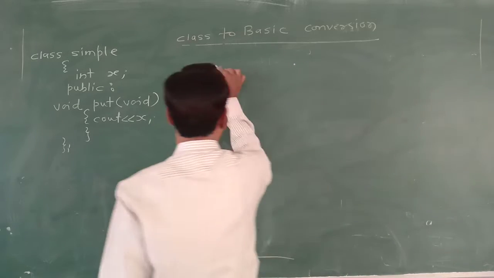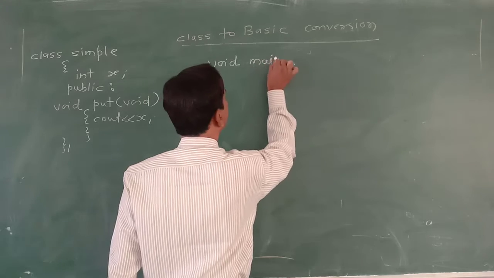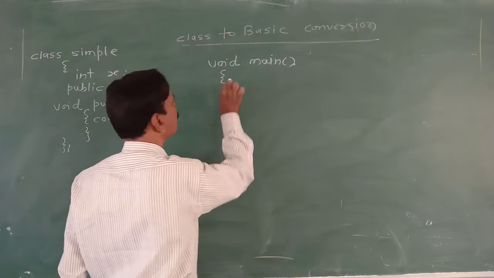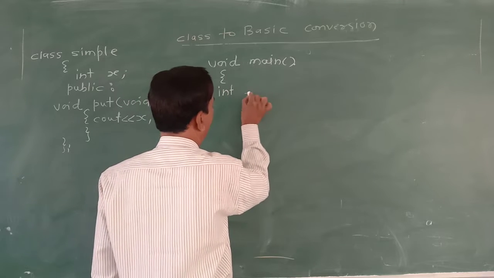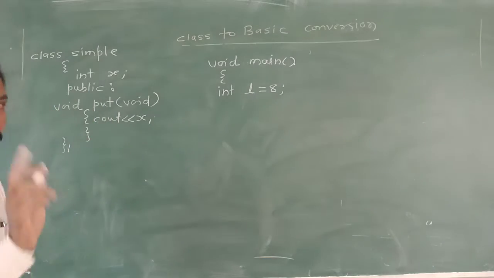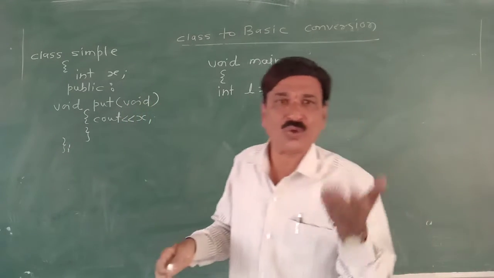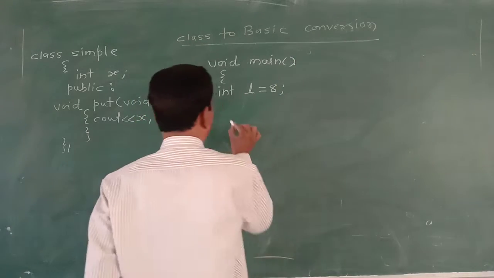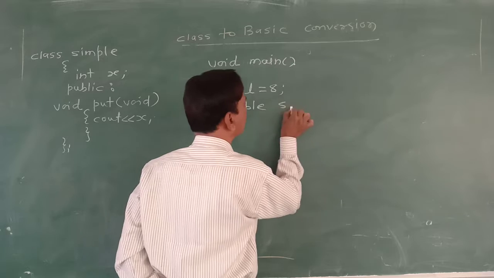Let us come to the next one. void main. Here, integer L is equal to 8. Now look, we have declared the variable int L, also initialized it to 8, and also we are creating one object, simple s.